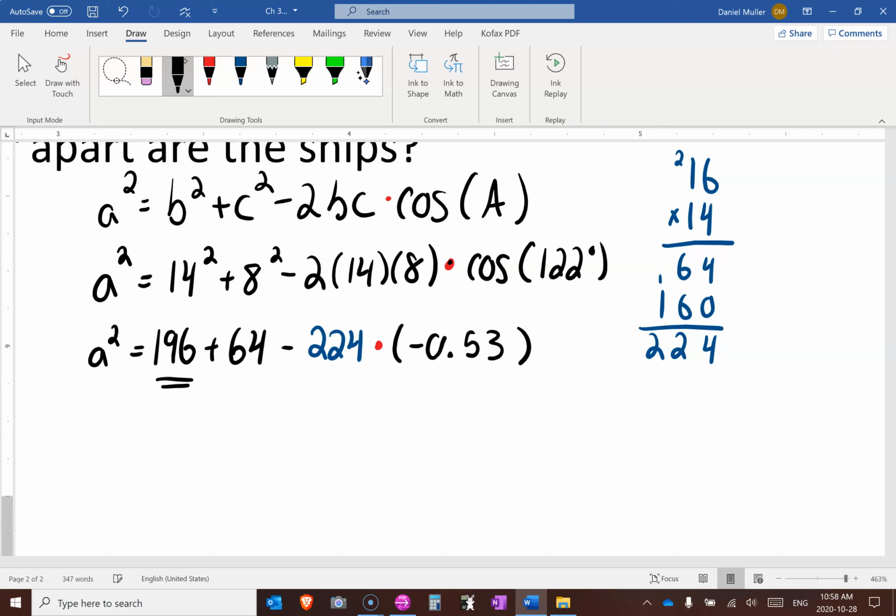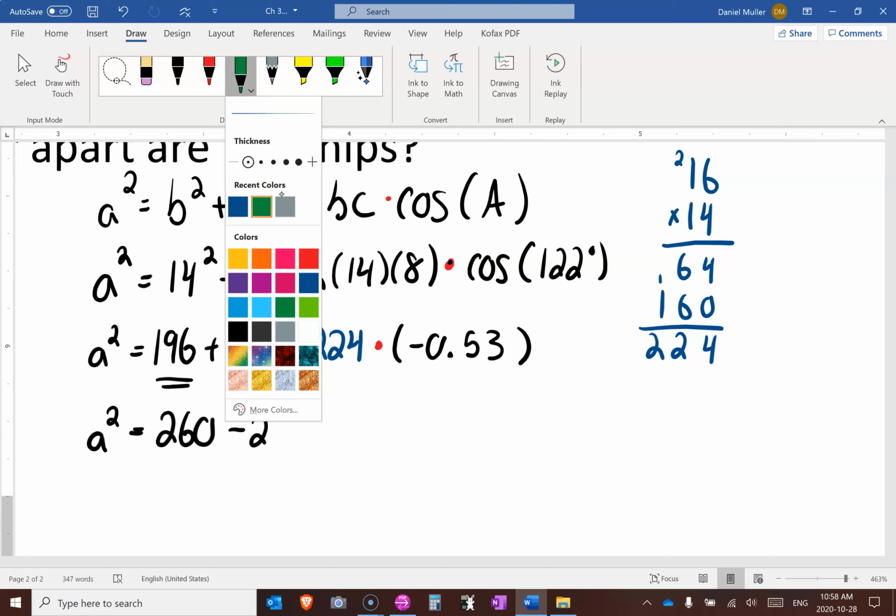Okay, so A squared equals, well, that's basically 200 plus 64 is 264, minus 4 is 260, minus 224. Oh, I should multiply that, because these ones need to be multiplied now.